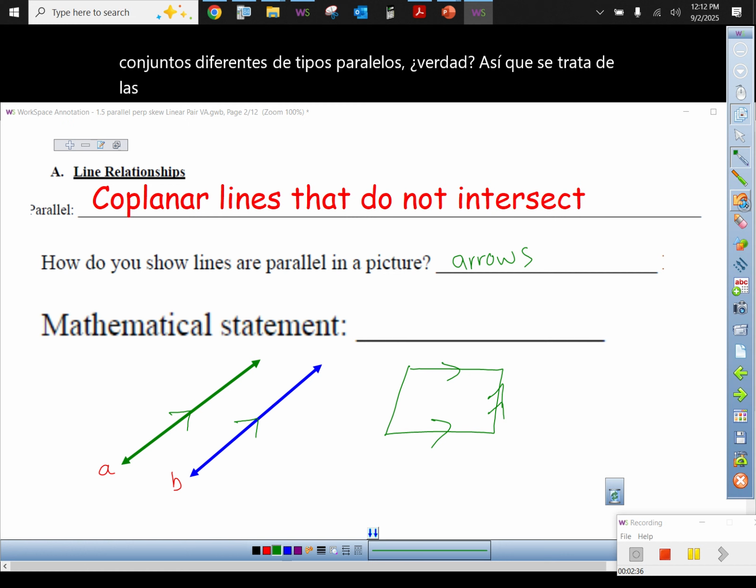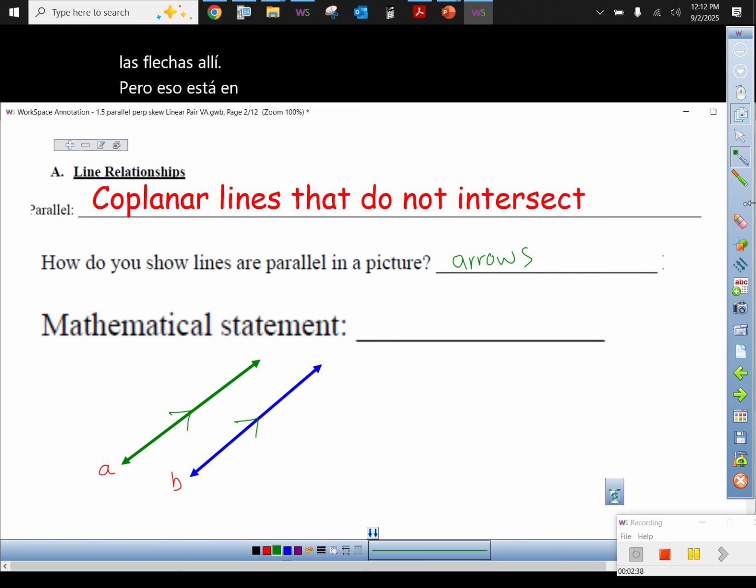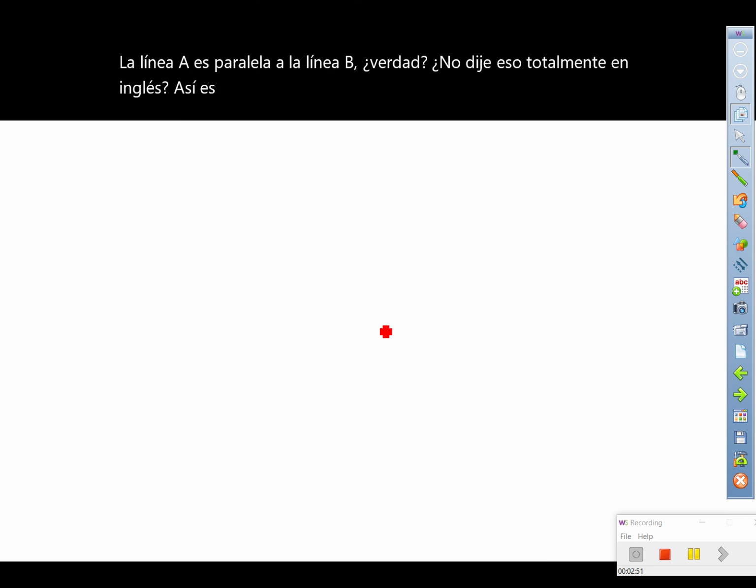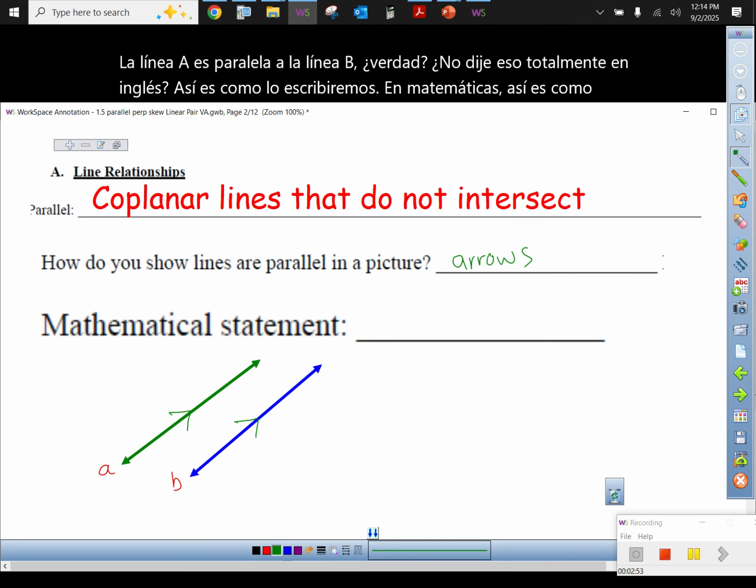But that's in a picture. In a math statement, here's what I'm going to do. I'm going to say something in English, and we're going to write it in math. Line A is parallel to line B, right? Didn't I totally say that in English? Here's how we'll write it in math. This is how you write line A, just a lowercase cursive a.